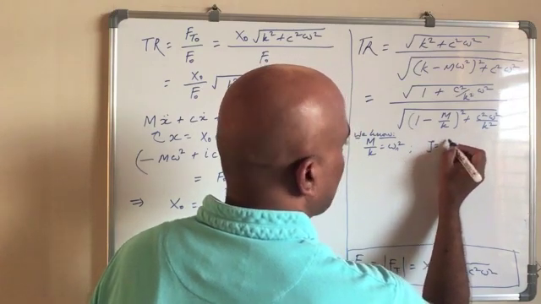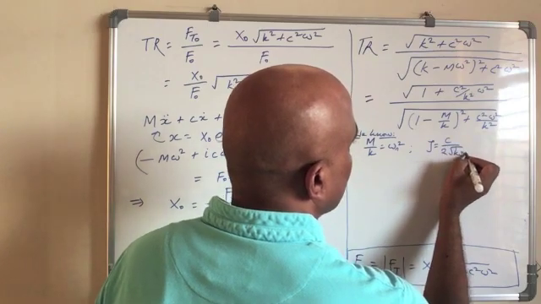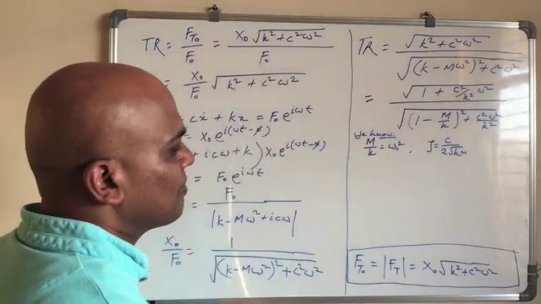The second thing is zeta is given by c over 2 root of kM.